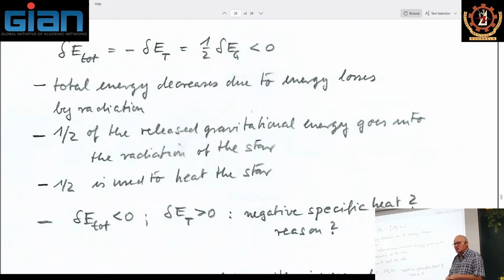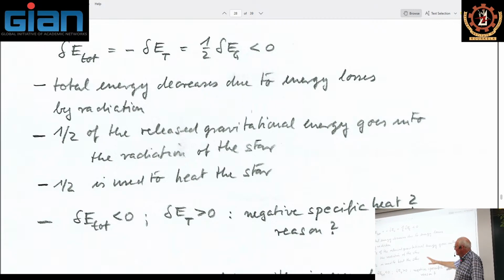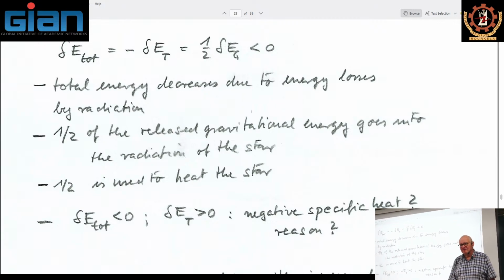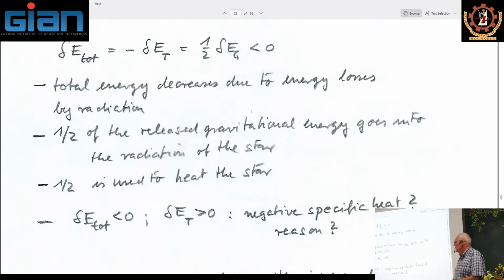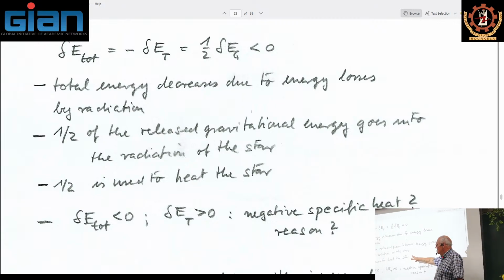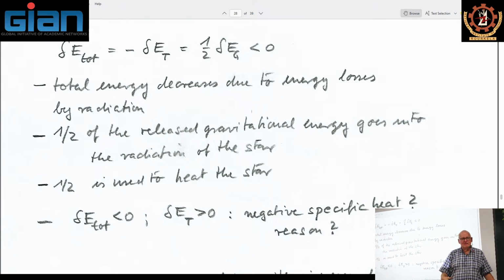This decrease of total energy, of course, might be done simply by radiation of the star. And we saw once we went through this analysis that half of the released gravitational energy goes into the radiation of the star, and the other half is used to make the star hotter, to increase the thermal energy.